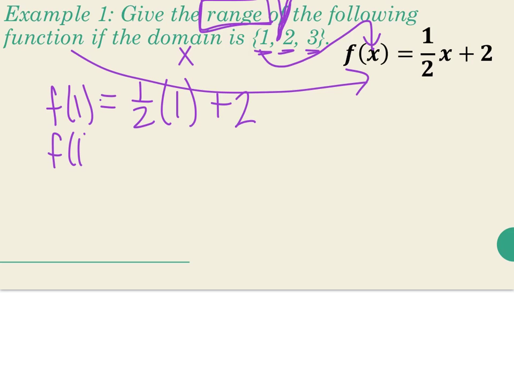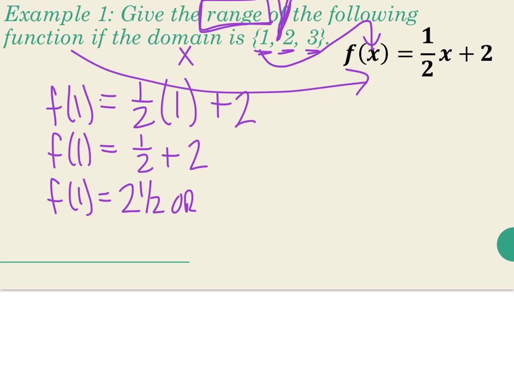So we're going to keep this f of 1. We don't do anything with that side. It just helps us remember what I plugged in. And then we're going to simplify the other side. 1/2 times 1 is 1/2 plus 2. And then we have f of 1 is equal to 1/2 plus 2 is just 2.5, or if you want to write it as 5/2, either is okay.